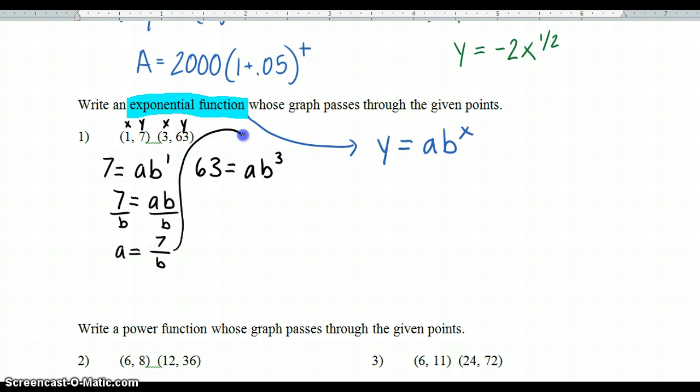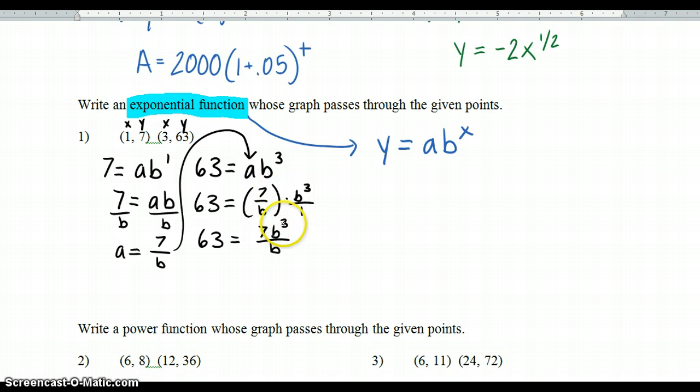And once I've found a, I can substitute that into my second equation to give me 63 equals 7 over b, I'm plugging that in for a, times b cubed.